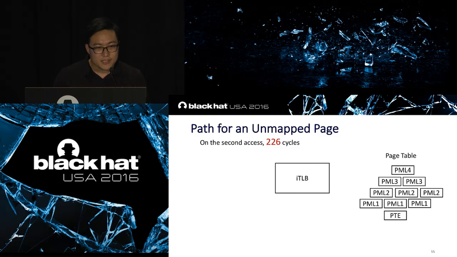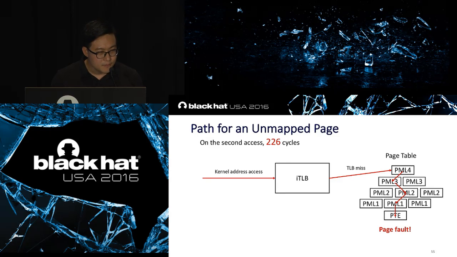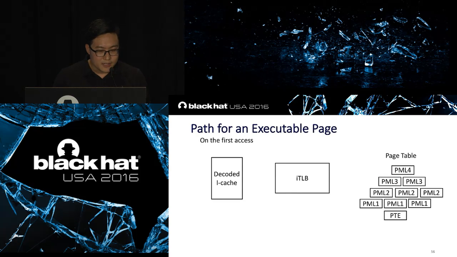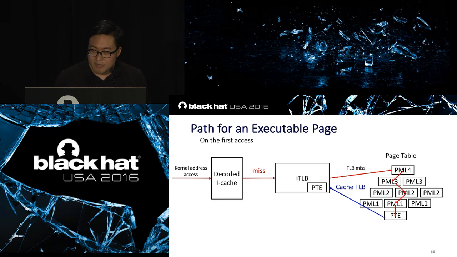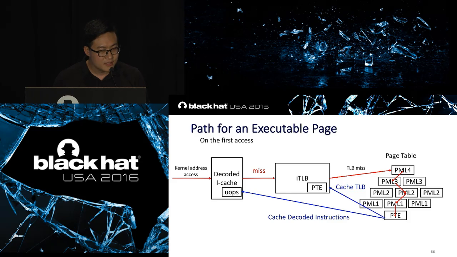For the unmapped page, it will do the same thing: ITLB miss, go to the page table walk, page fault. So it always takes the slow path, it is slow. And for the executable page, first, it misses on the decoded I cache, misses on the TLB, goes through the page table, is cached on the ITLB, and also cached on the decoded I cache. Then fault.